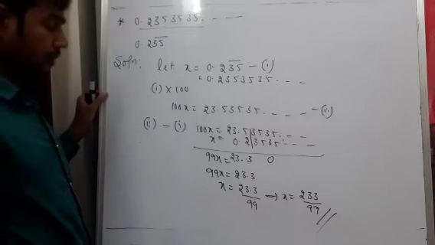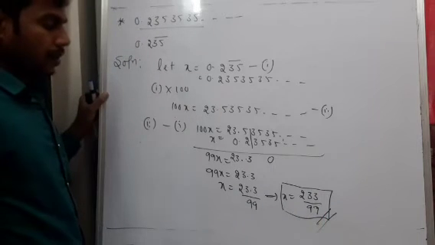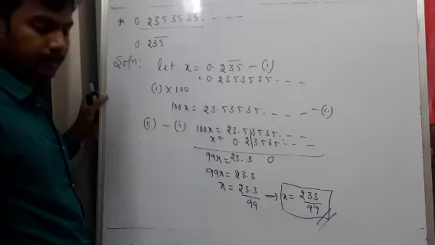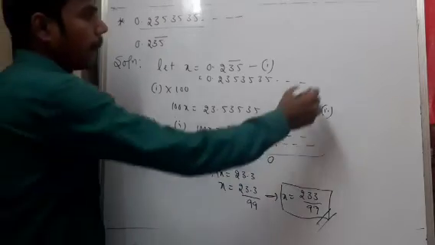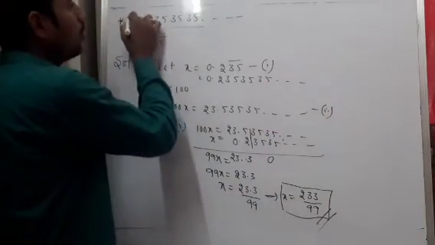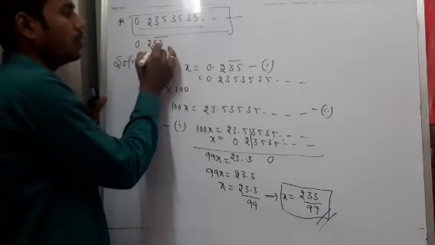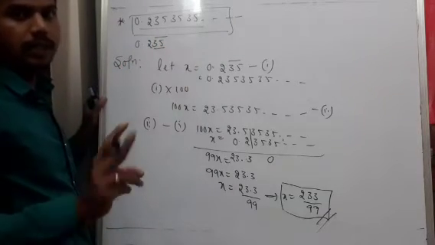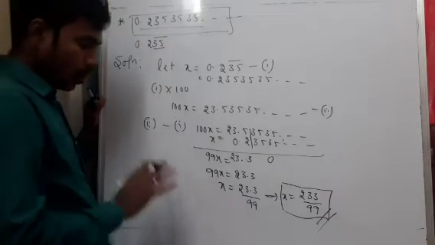Hope you understood. This is one more example wherein there was a bar only for 35, so that 35 is repeating again and again. So please note this down.